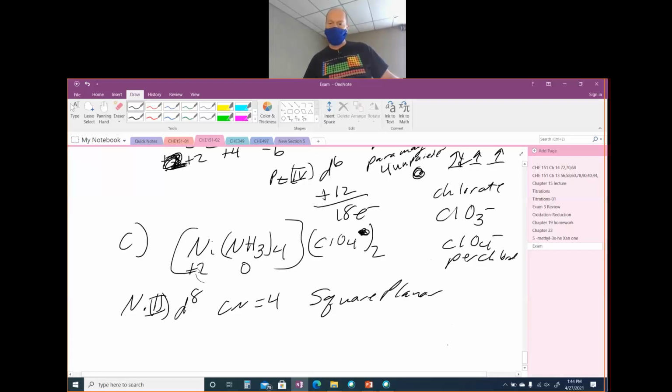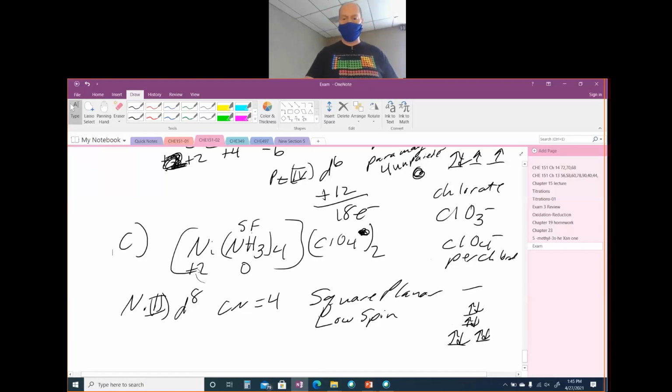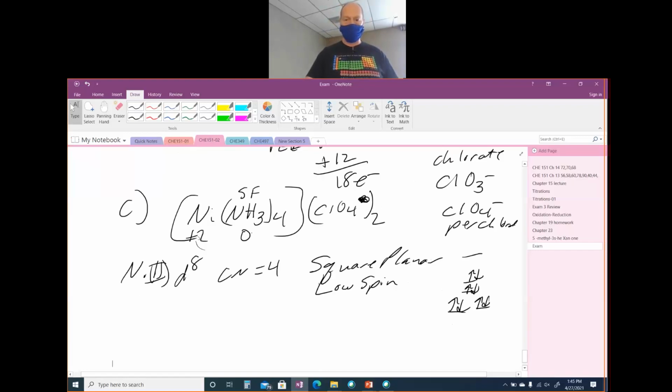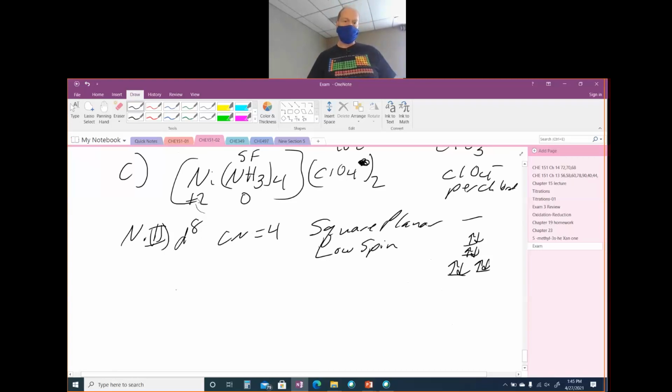All right, and so then you have your splitting pattern for square planar, and it is always a low spin. Doesn't matter what the ligands are, if you are square planar, you are low spin. Now, these are strong field ligands, doesn't make any difference as far as high spin or low spin. If you are square planar, you are low spin.